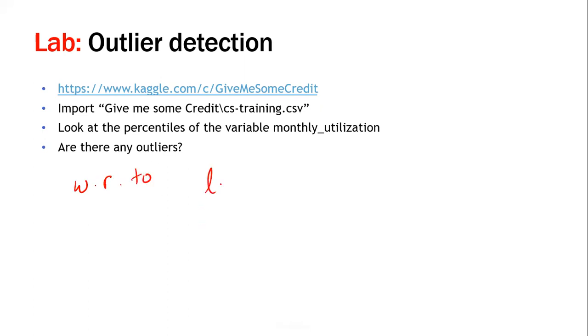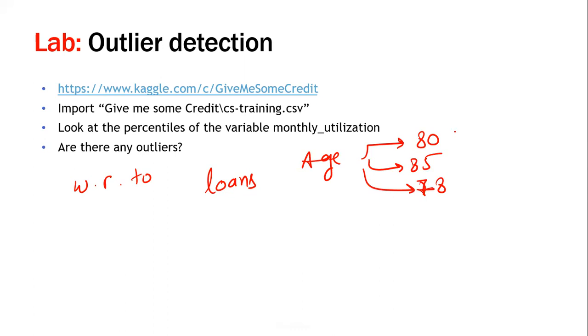Let us suppose I'm considering a loans portfolio. If I take the variable age, a customer has age of 80, a customer has age of 85, a customer has age of 78. Is it possible for these people to be getting loans?